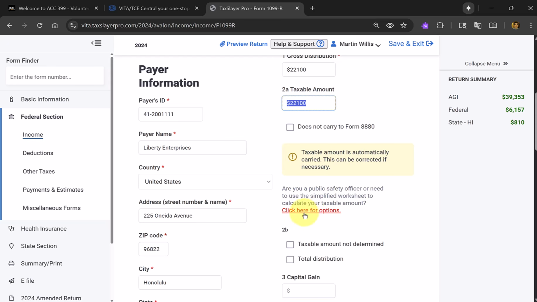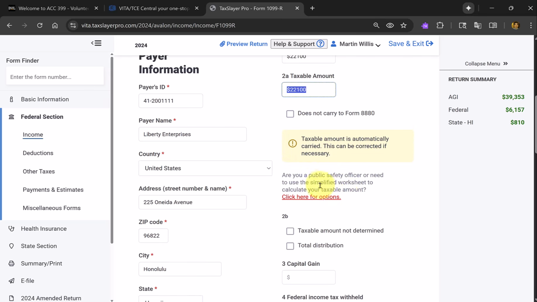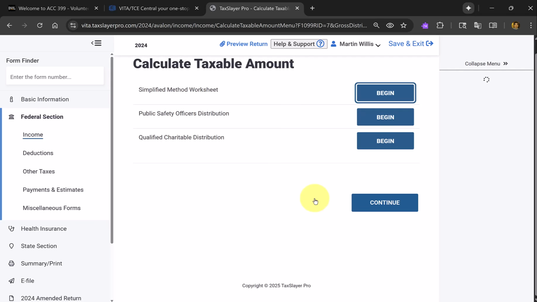No. So is this the link to get to the simplified method? Let me click on this link right here. It was referring to this here, but here's what I want. The simplified method worksheet.